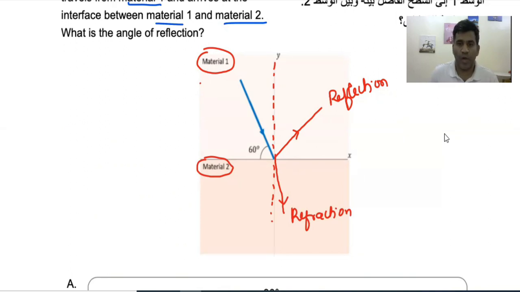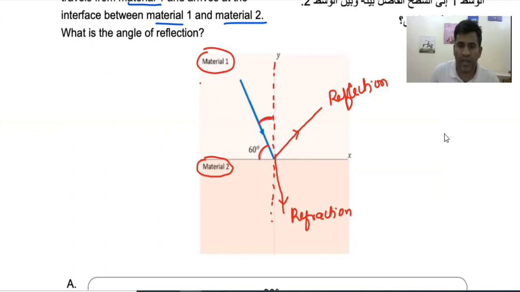Now you may ask, what is the angle of incidence? This is not the angle of incidence. The angle of incidence is the angle between the normal and the incident ray.